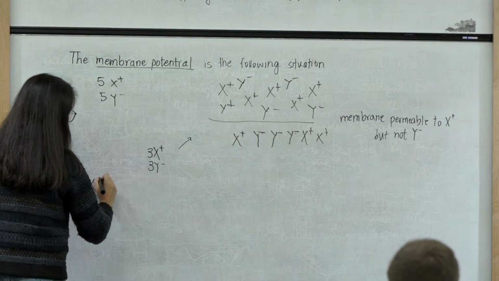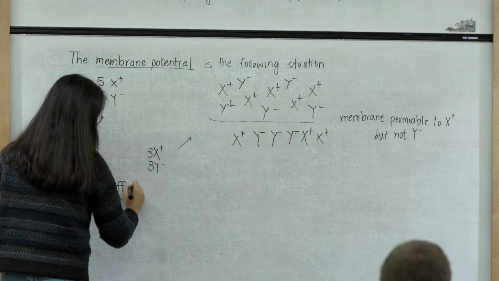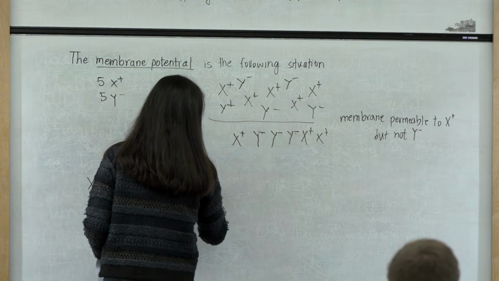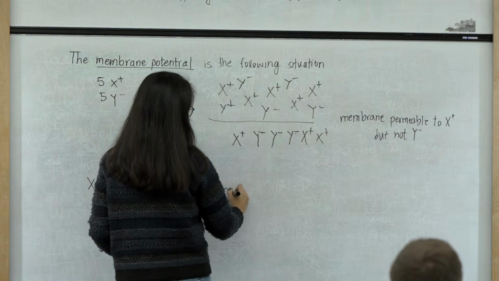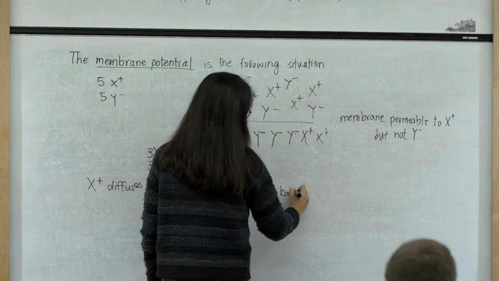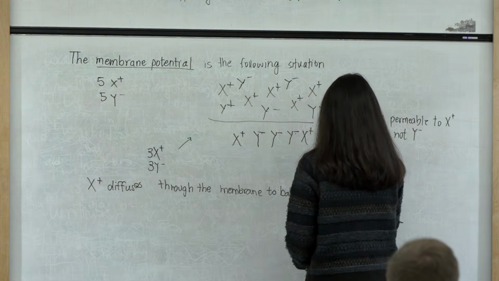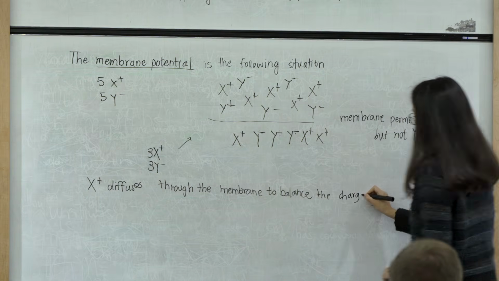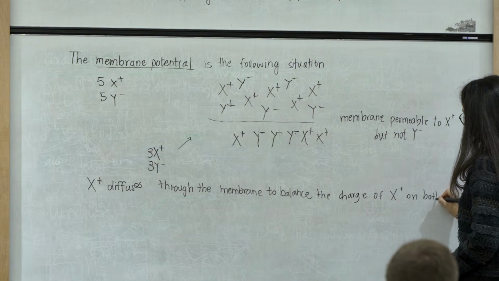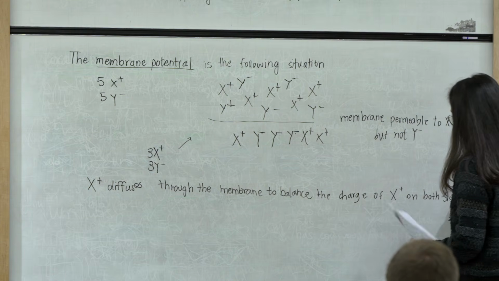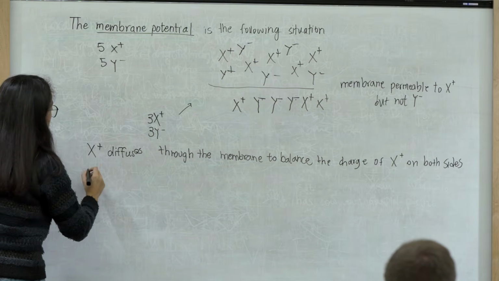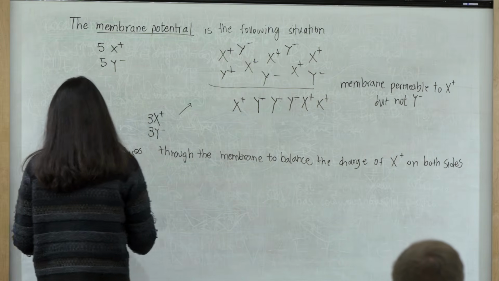So here we will have that X plus, again, diffuses through the membrane to balance the charges on both sides. So this happens very close to the cell membrane.